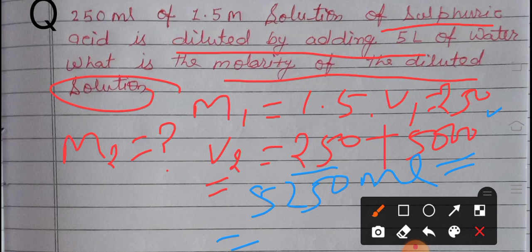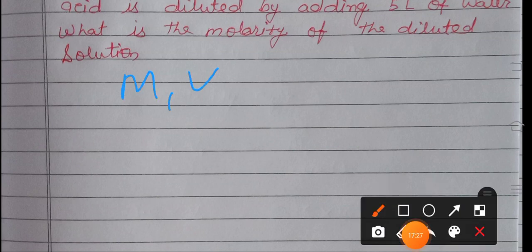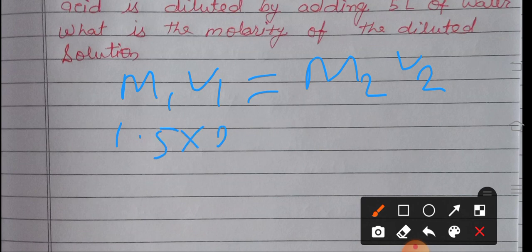Now we apply the molarity equation M1 V1 equals M2 V2. M1 equals 1.5, V1 equals 250, M2 to calculate, into V2 equals 5250 ml.